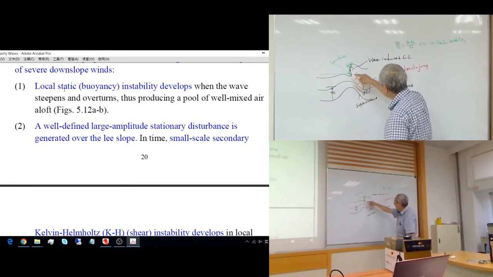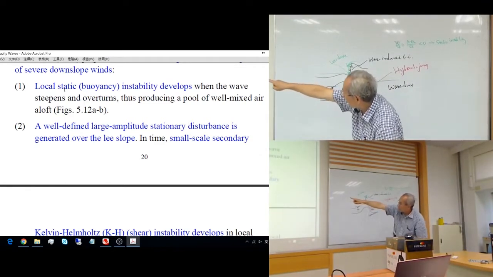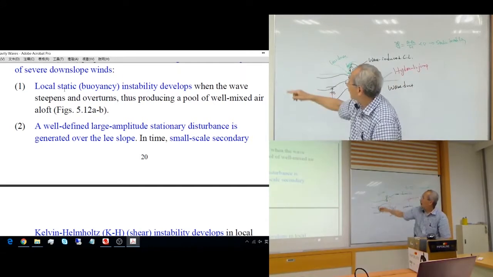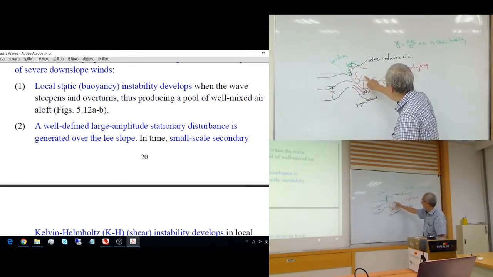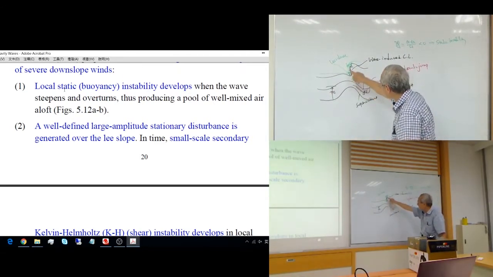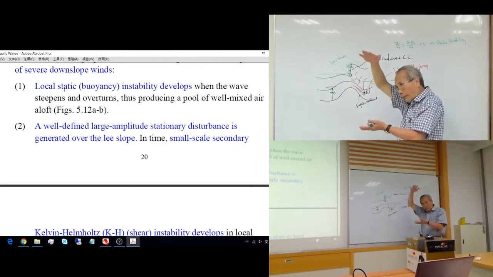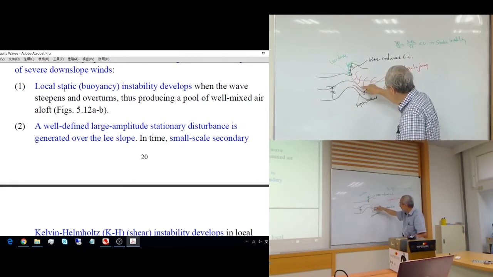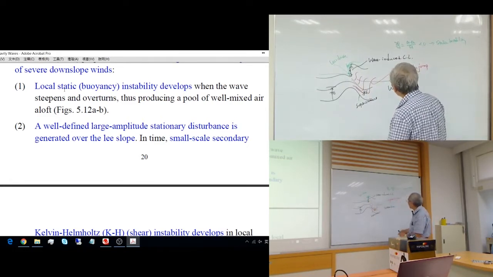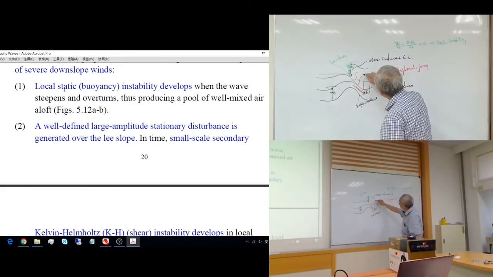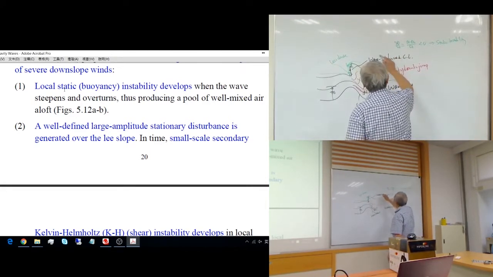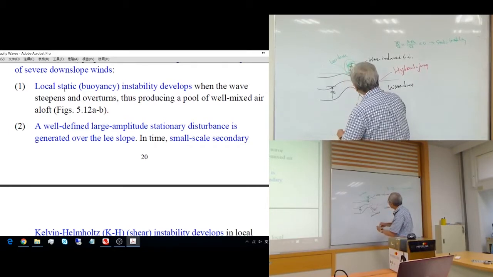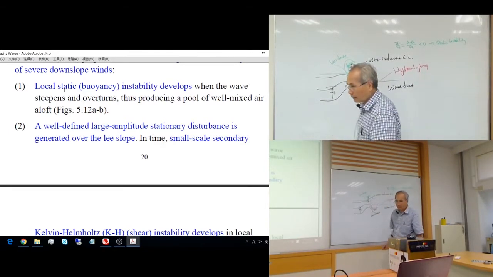Then the second stage is a well-defined large amplitude wave developed over the lee slope. The overturning is normally above the mountain peak, and then here your large amplitude wave develops. So this is the first stage. I think probably you cannot read my writing here.